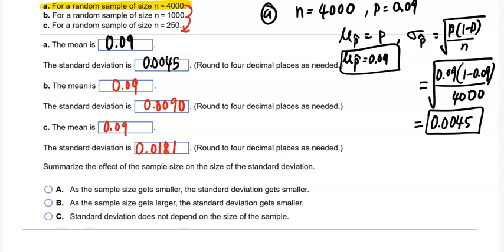What you notice here, let me write this way: this standard deviation is for n equals 4000. This standard deviation is for n equals 1000. This standard deviation is for n equals 250. So remember that the mean is the same, but the standard deviation of the sampling distribution is different.